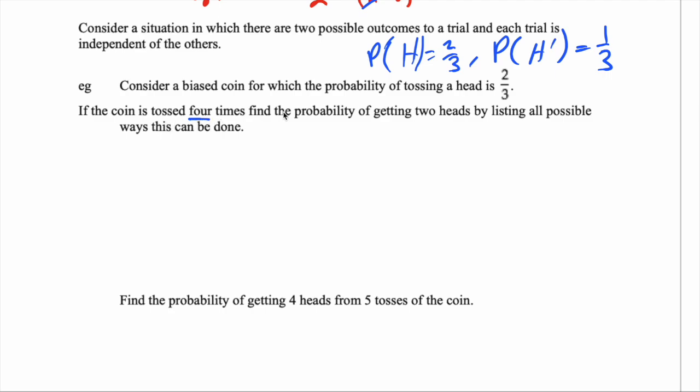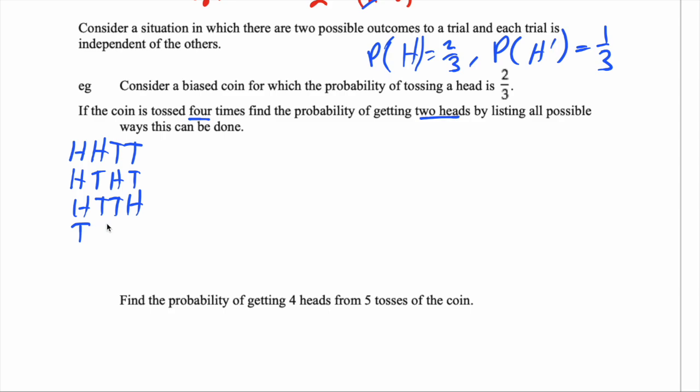A coin is tossed 4 times. What's the probability of 2 heads, by listing all the ways it can be done? Let's list them. 2 heads, so heads, heads, tails, tails. Heads, now I can just take this head and rotate it over this way.